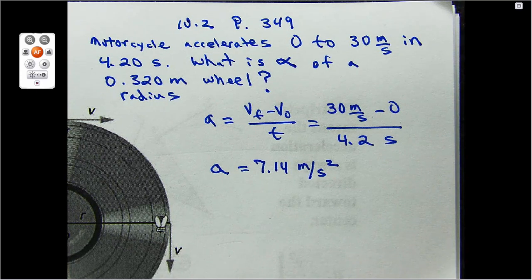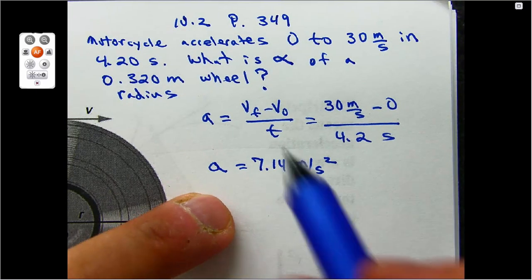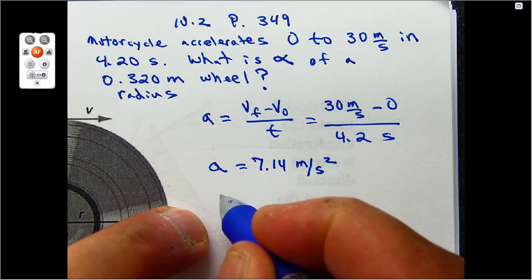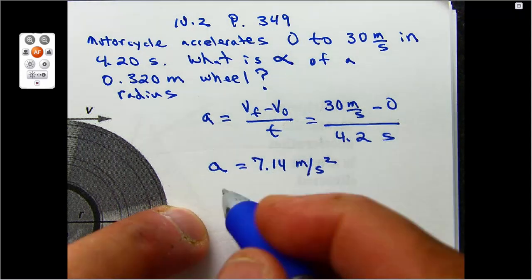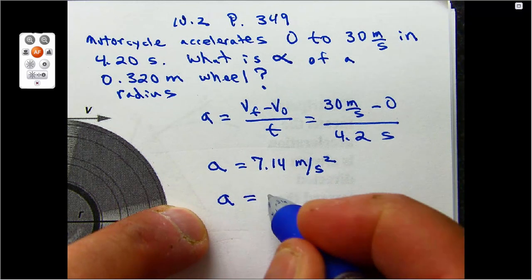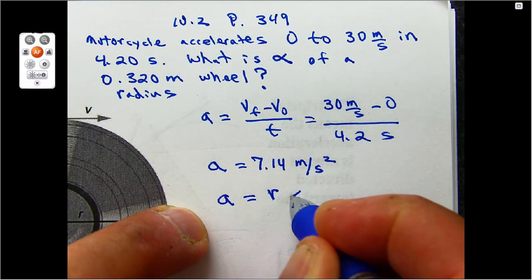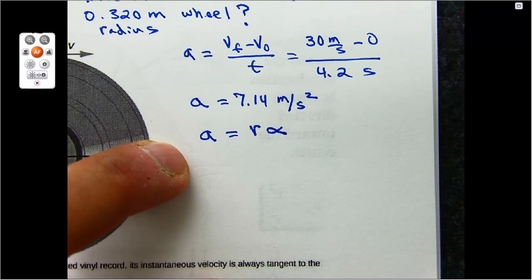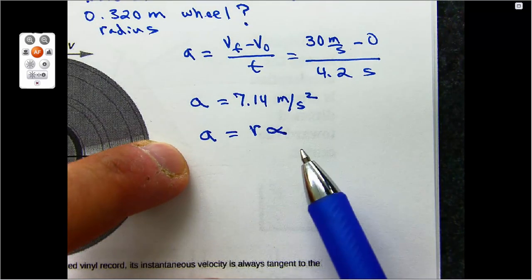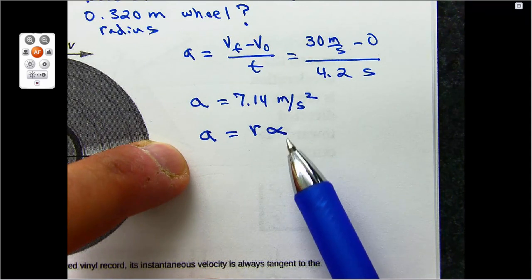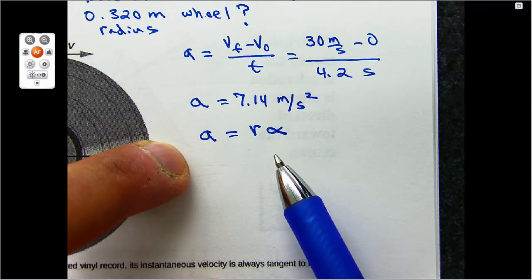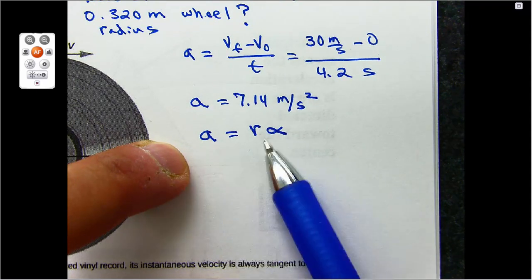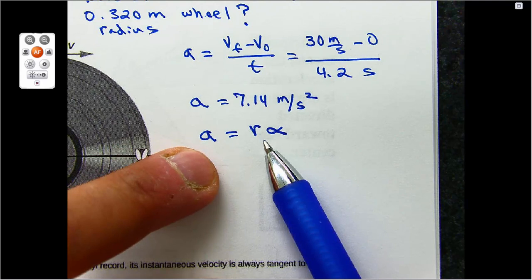Okay. Now, remember we did this. We said that this is equal to R alpha, right? Think of this. This would be in radians per second squared, right? And don't think of radians as a unit. Then you'd have meters per second squared on both sides. That's how you check that you have the right equation.